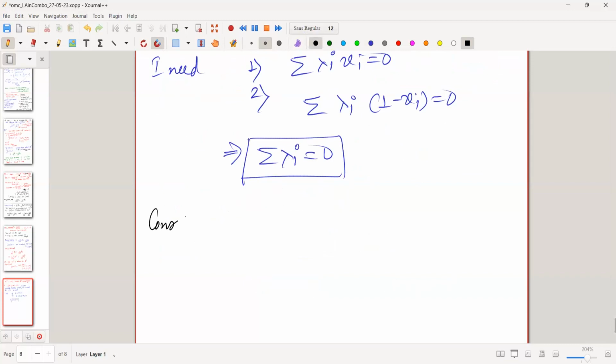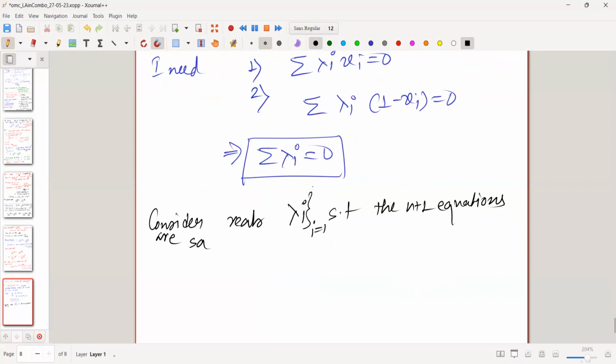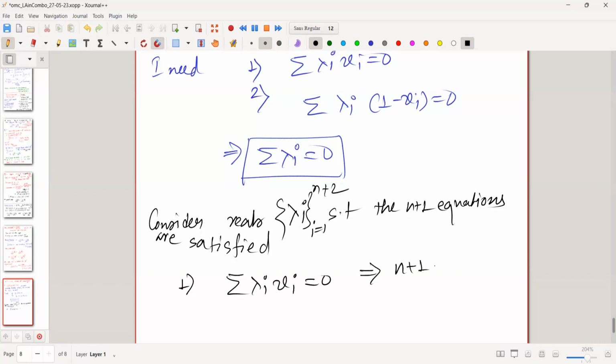So now think about this. Consider reals lambda_i such that the following n plus 1 equations are satisfied, where the lambda_i's go from i equals 1 to n plus 2, obviously. One is the summation of lambda_i v_i equals 0.